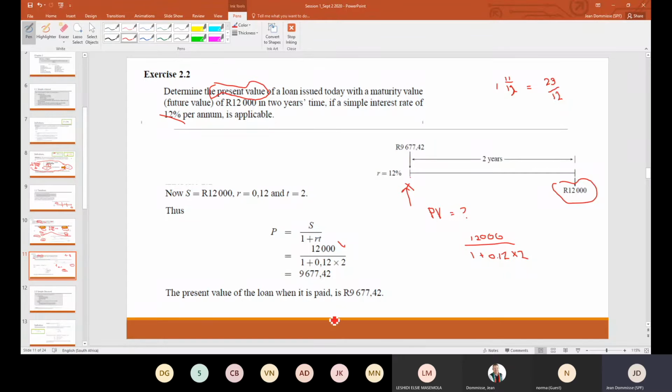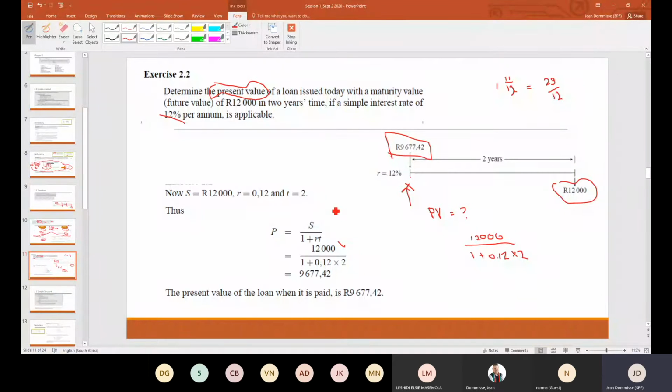Okay, so basically then, out of this, we will be able to get that present value. So just remember again, you can't use the formulas on the calculator because that is only compounded interest. We need to use the simple interest formulas. Okay.